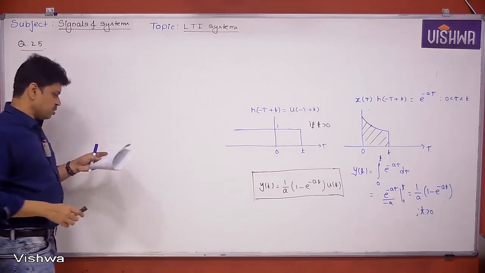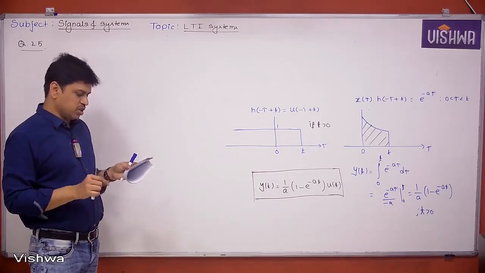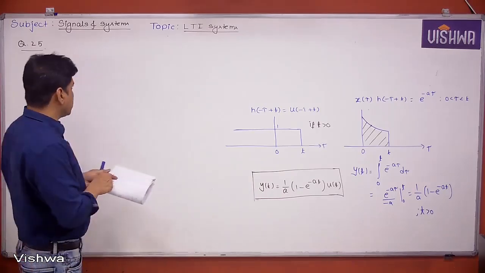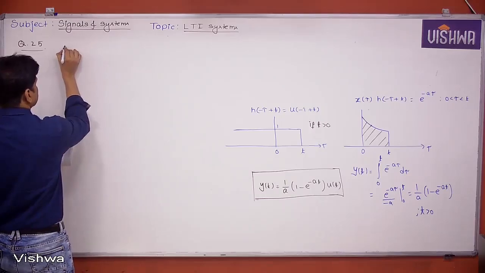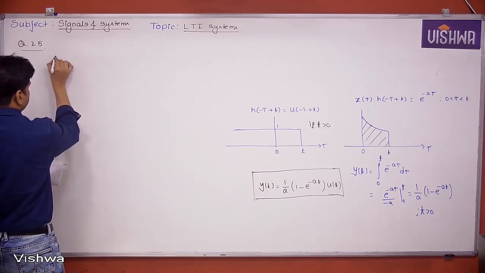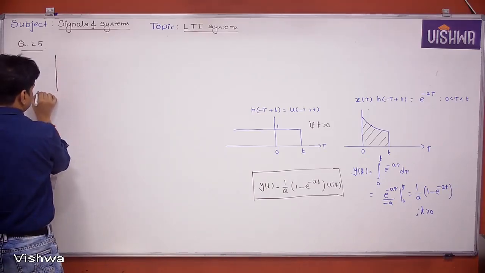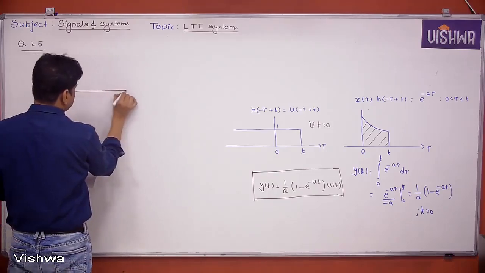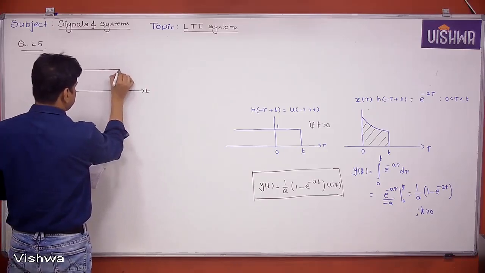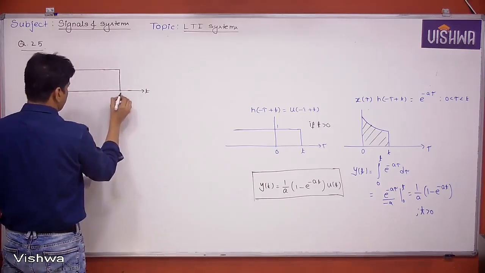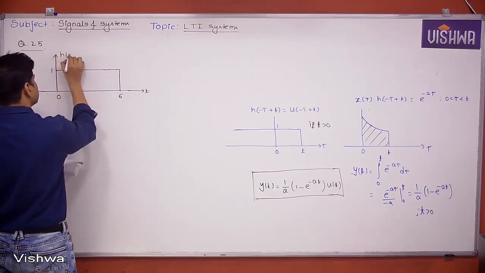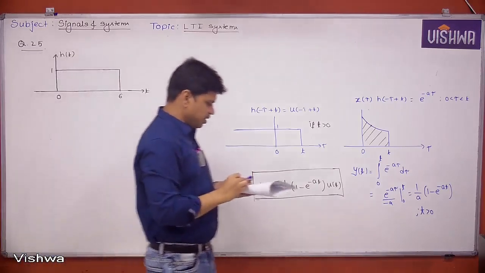See this. The impulse response and input of an LTI system are shown in the figure. Obtain y of t at t is equal to 2. They have given the options 0, 1 by 2, 3 by 2, 1. They have given h of t, from 0 to 6, and they have given x of t.